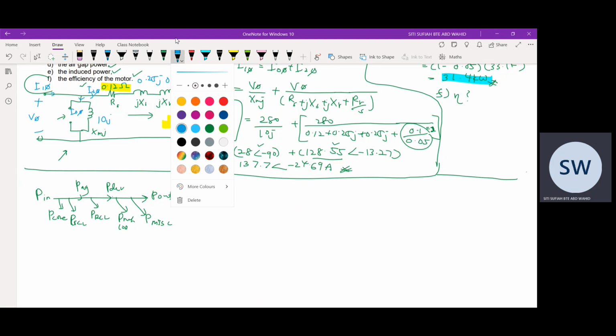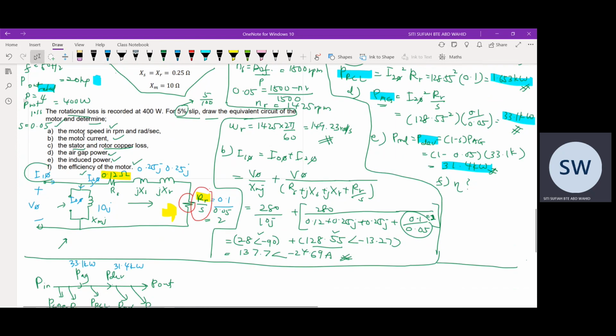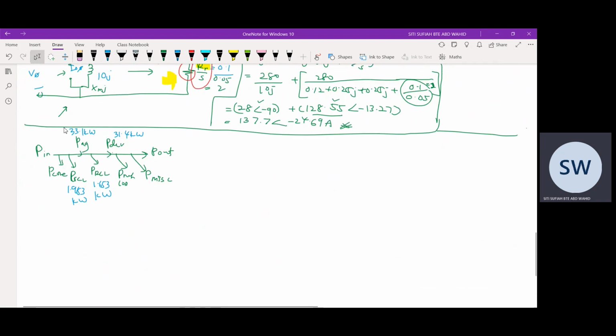PSCL 1.983 kilowatt. PRCL 1.653 kilowatt. P air gap 33.1 kilowatt. P develop 31.4. The rest, if it's not given: this one is given, P rotational loss, don't forget, 400 watt.